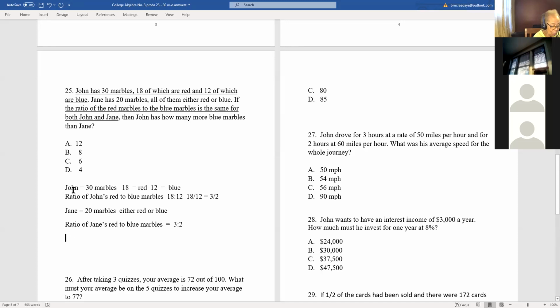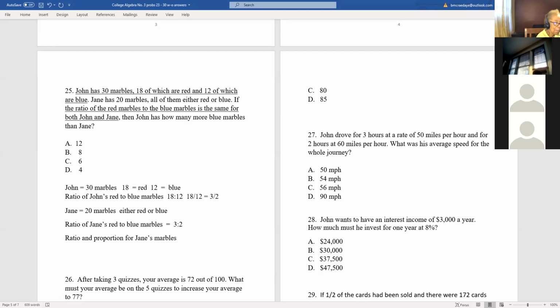I want you to tell me the ratio and proportion for Jane's marbles. What would that look like? 2 to 10? No, we said 20.